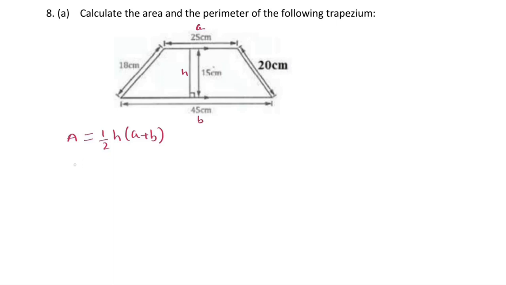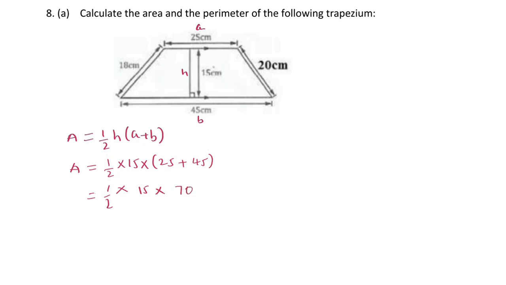Then we are having area equals to 1 over 2 times 15 times, in brackets, 25 plus 45. Let us solve the values inside the brackets. Then we are having 1 over 2 times 15 times 70.